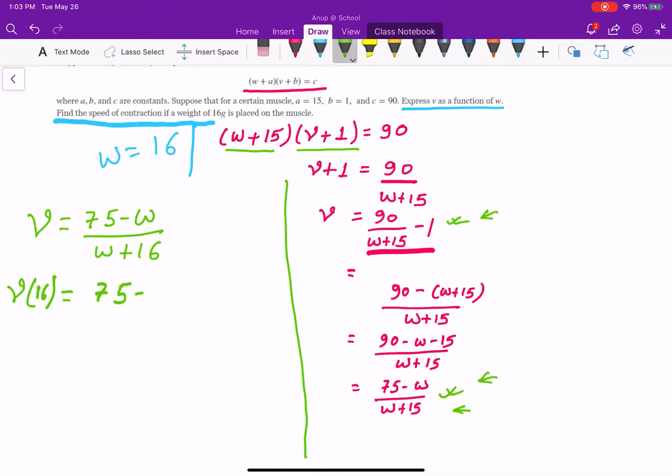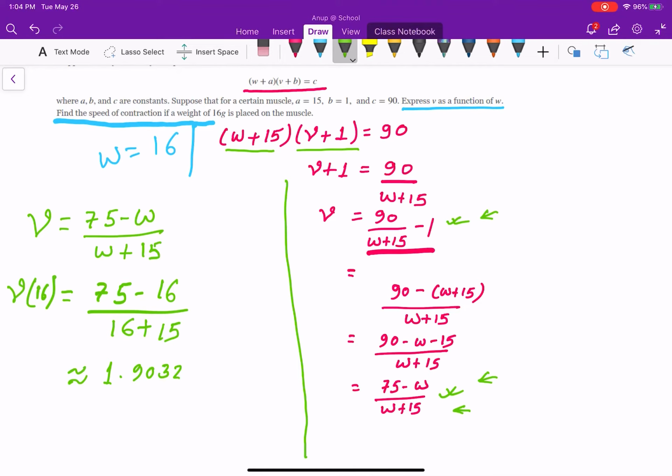That can be done by 75 minus 16 divided by 16 plus, by the way, it looks like I have not correctly written the function, which is W plus 15, so we can just write that down. Now you can just use your calculator and you get approximately 1.9032.